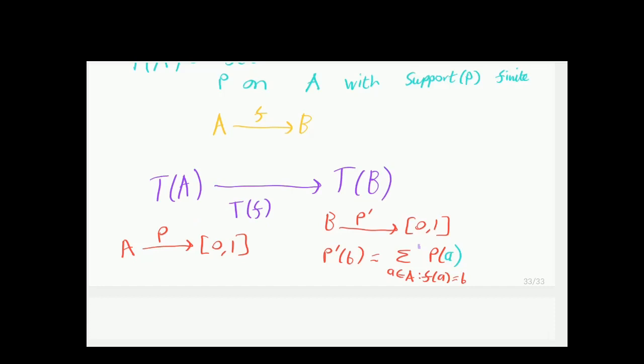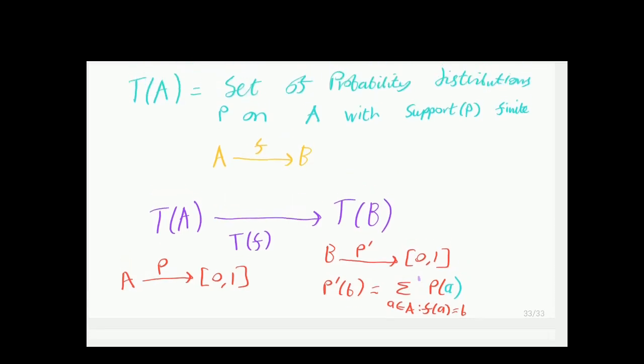So to be more explicit, if the input here is this probability distribution P on A, then the result of doing T of f on P is going to be this probability distribution P dash. And that's going to associate an element little b with this probability, which is obtained by adding over the values little a which get mapped to b under f, of the probabilities of those values under the original probability distribution P. Okay, so that's how this functor capital T works.